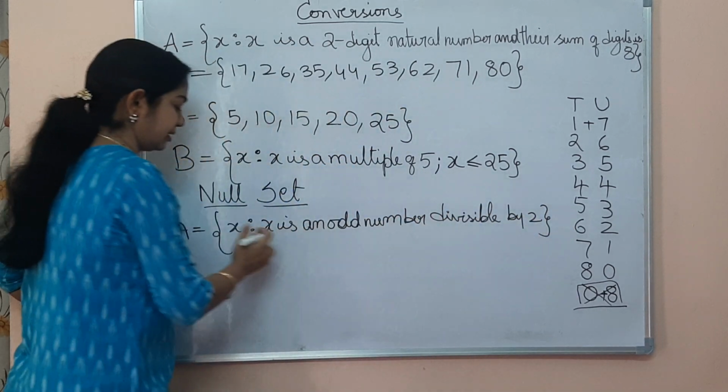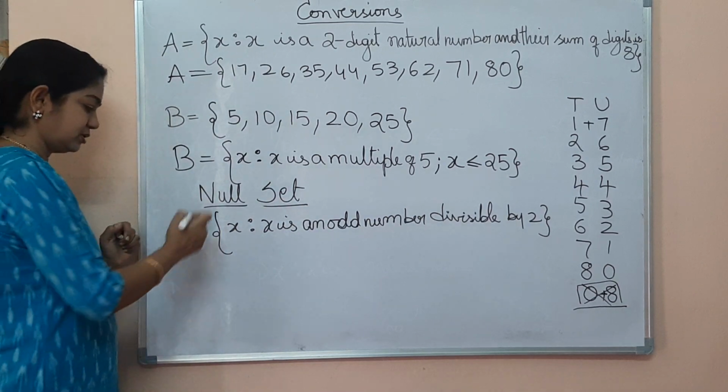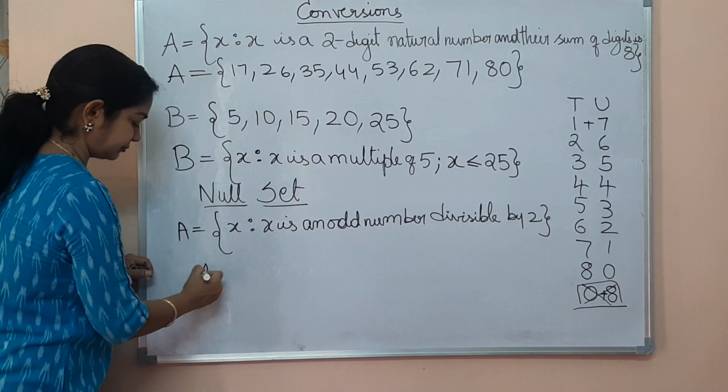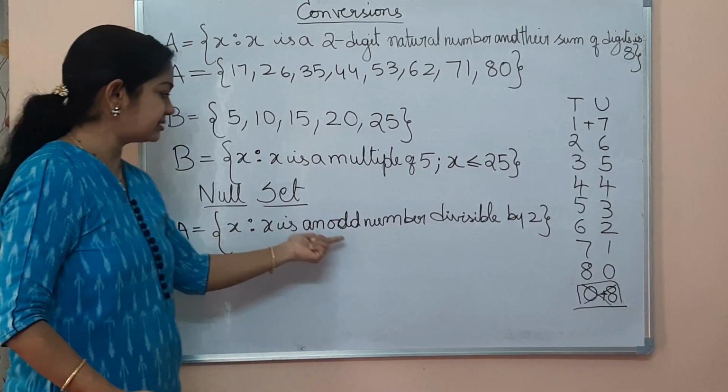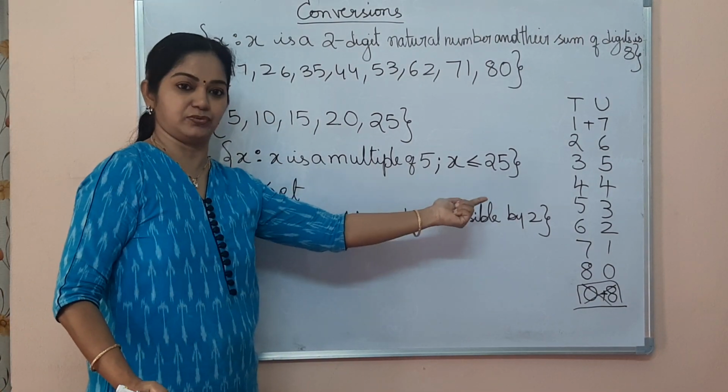This is a set builder form, that is set A. So I'll write the roster form so that I'll get the elements. x is an odd number divisible by 2.